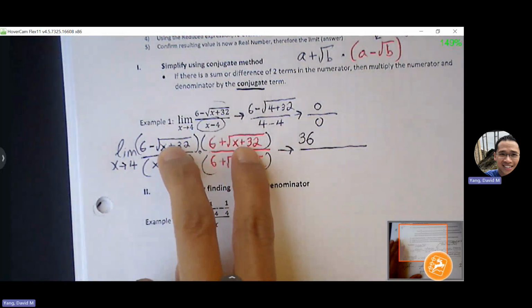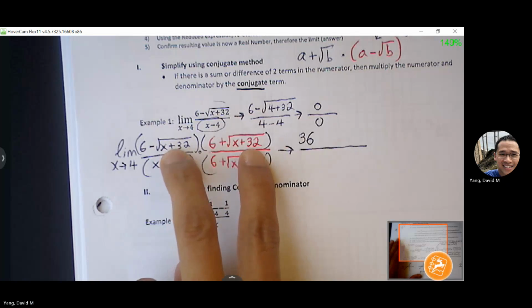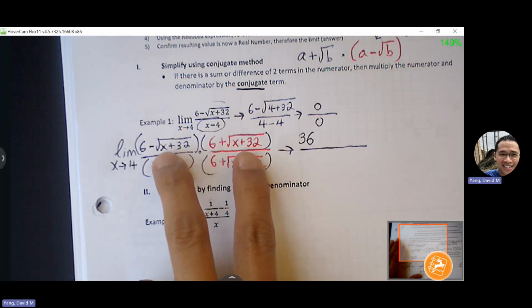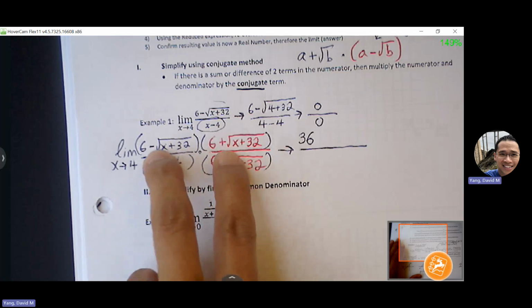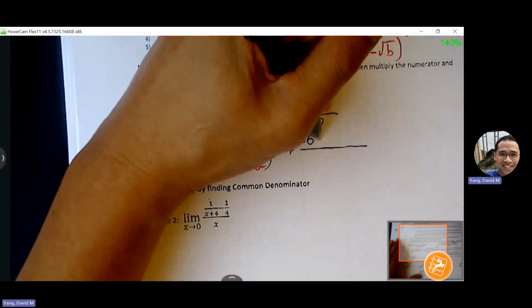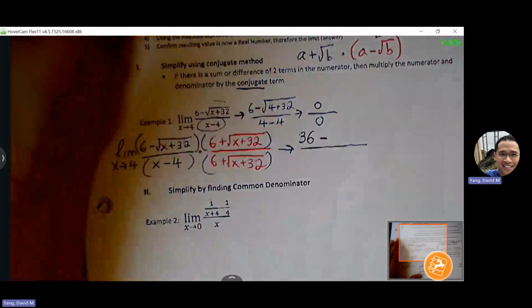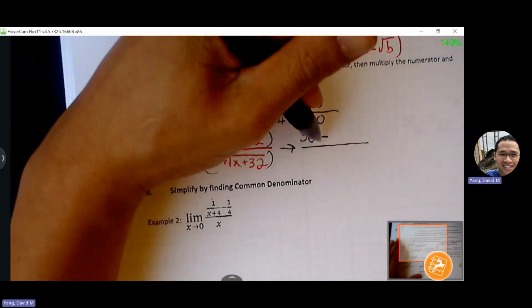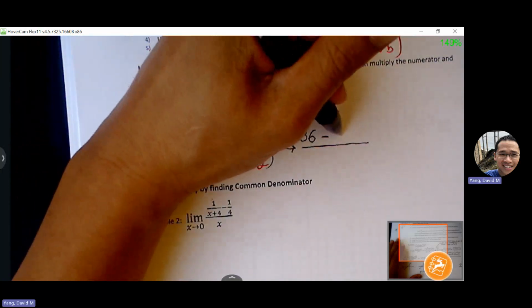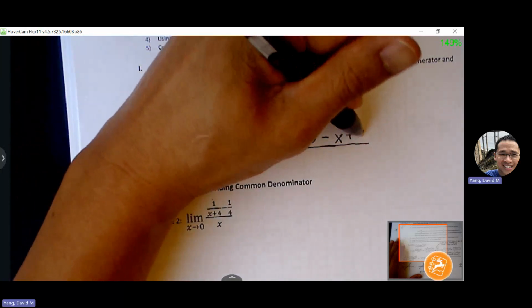What are the 2 square roots going to do? What's square root times square root? Yeah, just what's left. Just x plus 32. Now, what's a negative times a positive? Negative. So if I am having to put a negative with multiple terms, what do we have to be careful about?